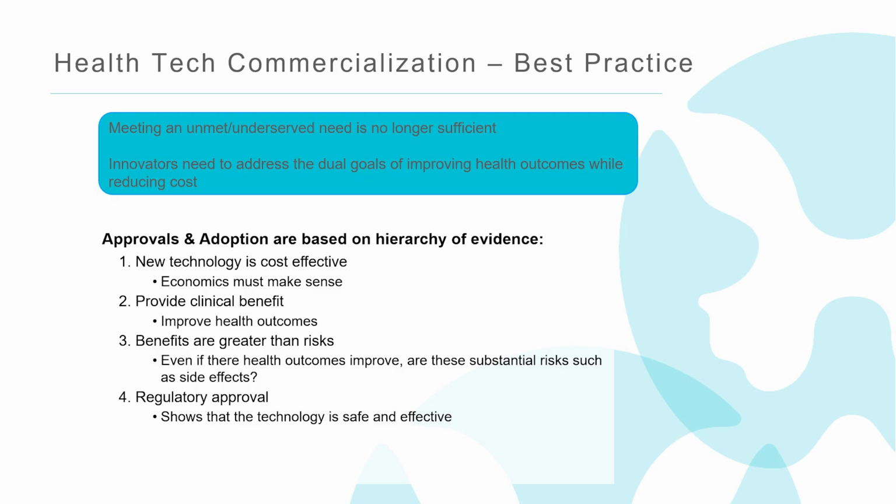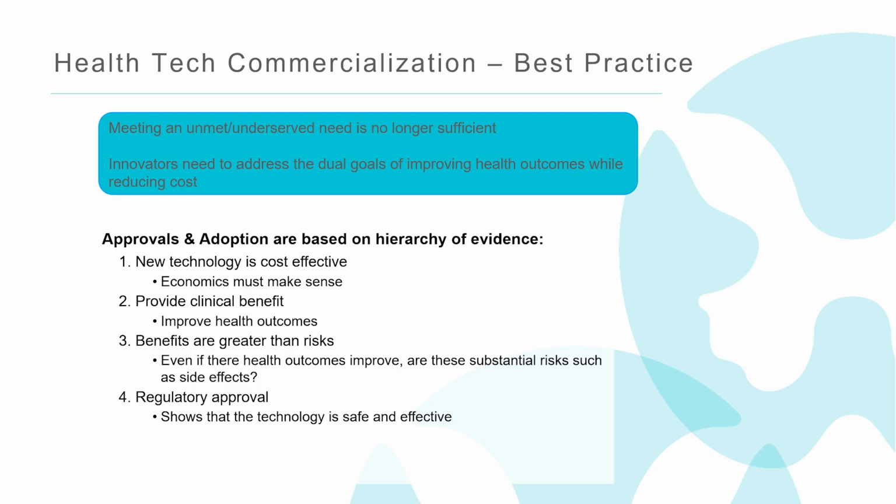So how can you go about it? The approval and adoption process are based on a hierarchy of evidence. First of all, you need to show that the new technology is cost effective, that the economics are making sense for the payers. It definitely needs to provide an added clinical benefit. It is improving the health outcomes.